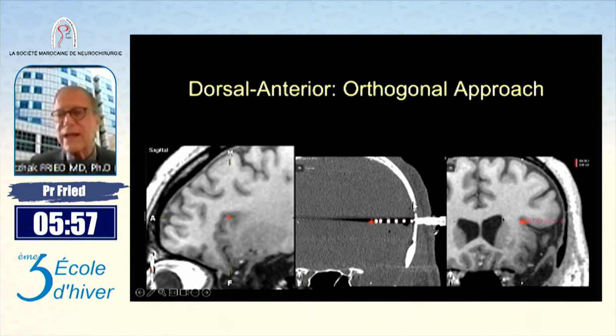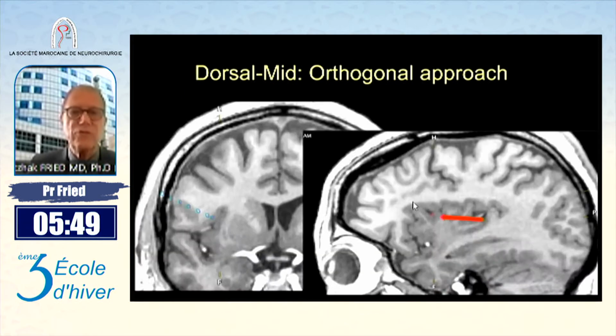At the same time, we can sample also neocortex here, at the inferior frontal gyrus. So this is one approach. In the mid, we can also sometimes use an orthogonal or semi-orthogonal, a little oblique here, really to get into this area, which is really the dorsal mid-insula.